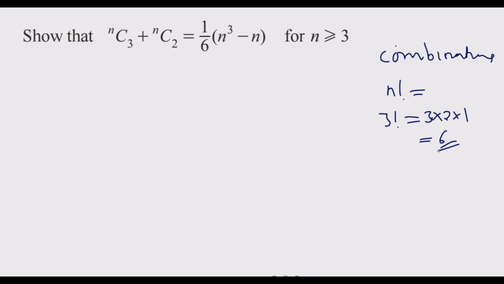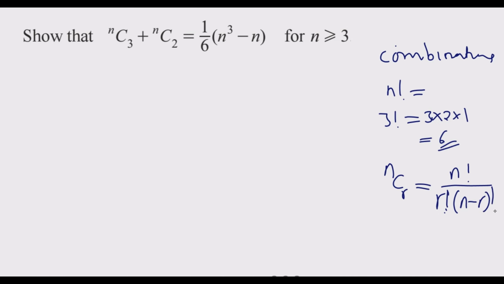Then when you are talking about combinations, what are we talking about? In mathematics, combinations refer to a way of selecting items from a collection where the order of selection does not matter. So how do you represent a combination using factorial? If I have nCr, this is the same as n factorial over r factorial, multiplied by n minus r factorial.